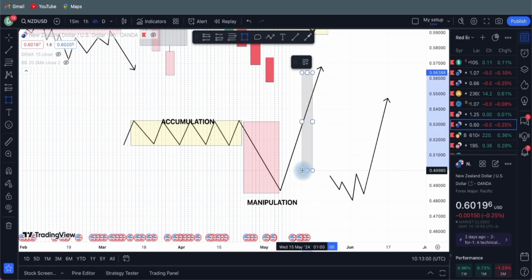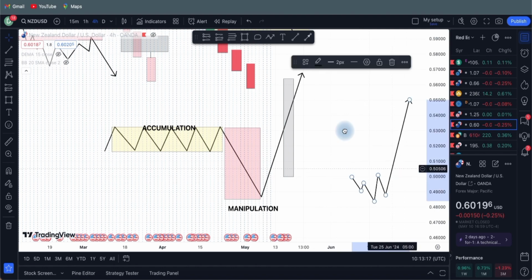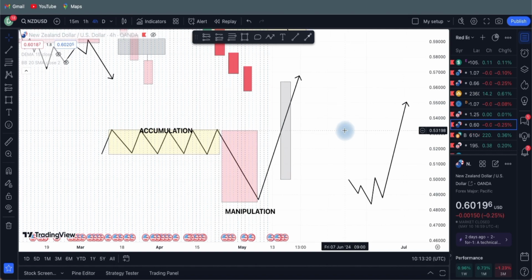The manipulation is not the original move that we are expecting. It's just a compensation for either the sellers or the buyers. I spoke about this in the last class, but I'm just trying to brush it up. Then we dive into PD arrays.